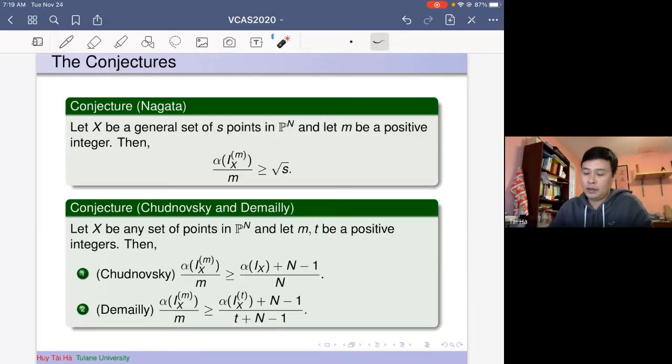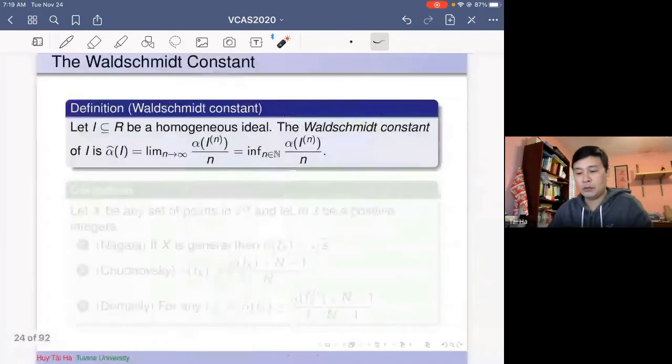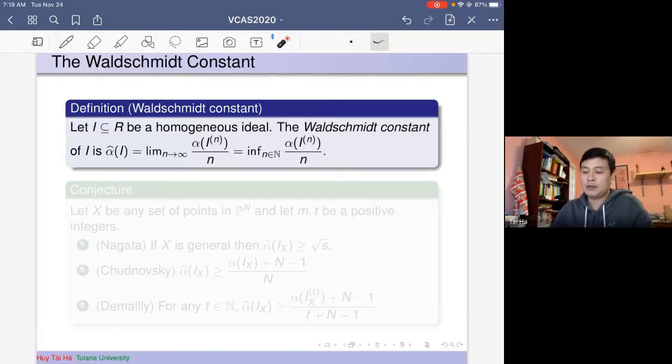There's a way to state this conjecture for all m. If you look at this conjecture, one can see that the right-hand side is a fixed quantity given X and t. The left-hand side, of course, depends on m. So there's a way to state this conjecture for all m based on what we call the Waldschmidt constant. The Waldschmidt constant of a homogeneous ideal is defined exactly to be the limit of the quantity on the left-hand side that we are interested in.